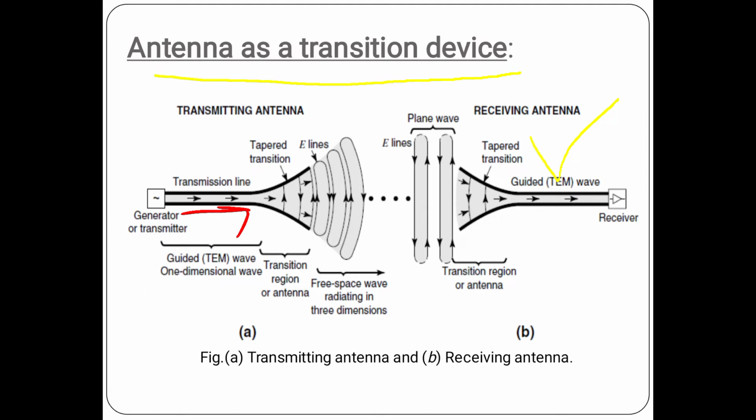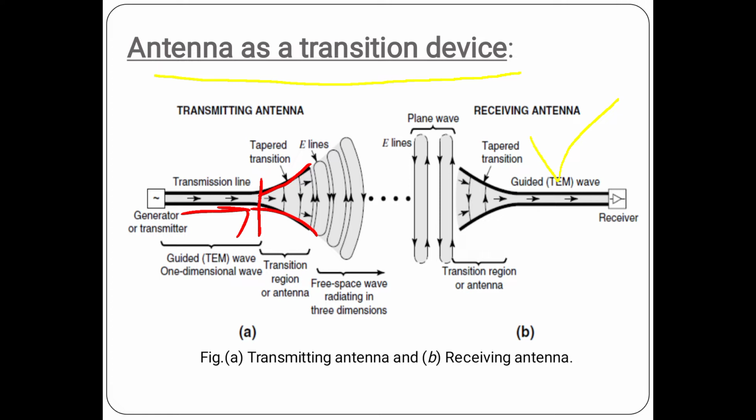And here observe, at the end of the transmitting antenna, we have a tapered section of transmission line. This tapered section is used to radiate the EM waves into free space, because up to here our electric current passes uniformly with a constant velocity.